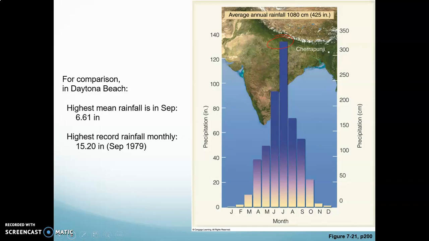But the record monthly rainfall happened in September of 1979. The record is 15.20 inches. On average, Cherrapunji gets 135 inches just in one month, the month of July. That's average, which means there are some months where they get even more.